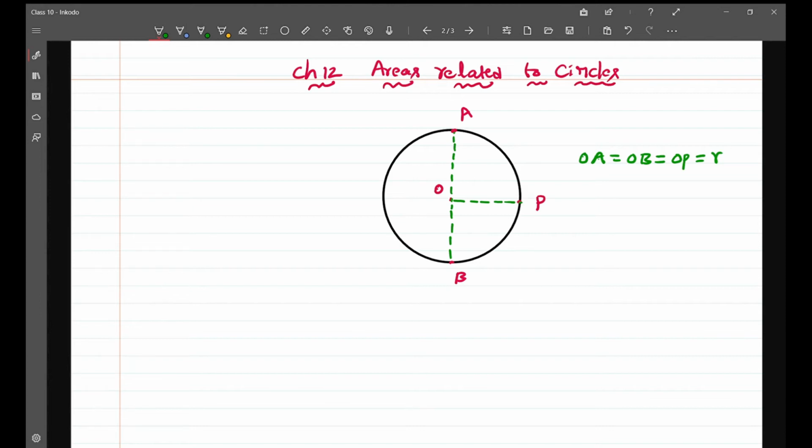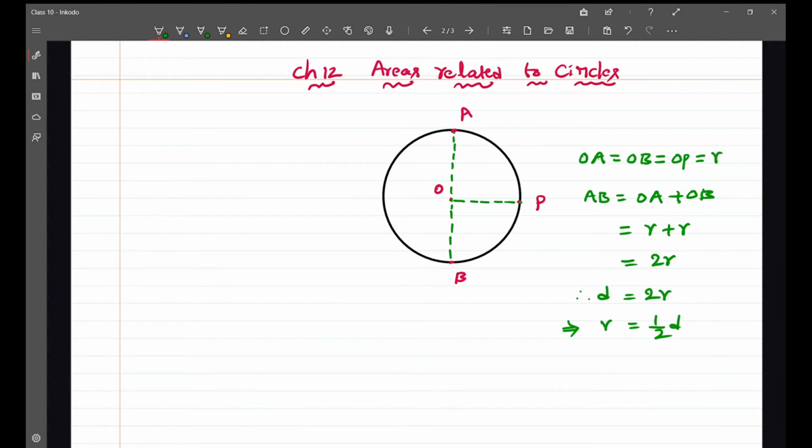So mathematically we can write like this: AB equals to OA plus OB, that is equal to R plus R, that is equal to 2R. Therefore diameter equals to D for diameter, 2 times of radius. Similarly we can say radius equal to half of diameter.